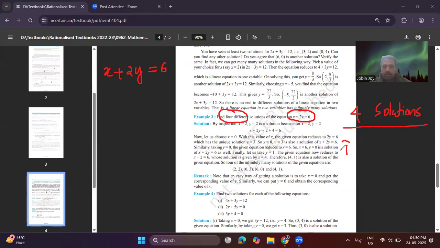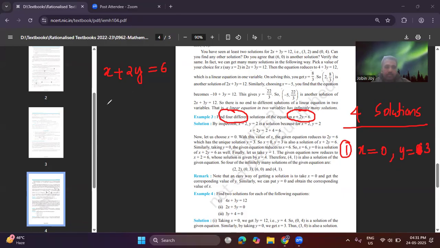First I'm checking x equal to 0, and y equal to, not 6, y equal to 3. Then only I will get the 6, right?